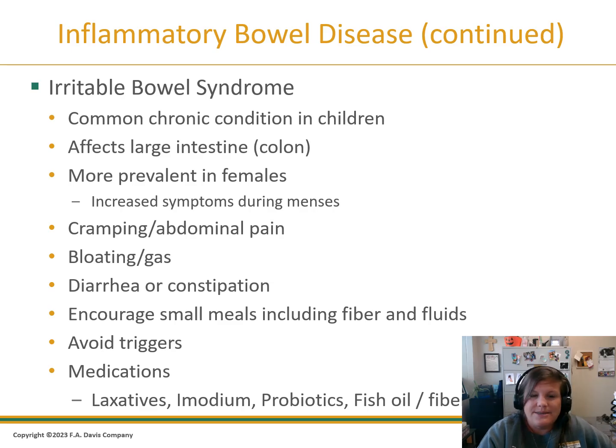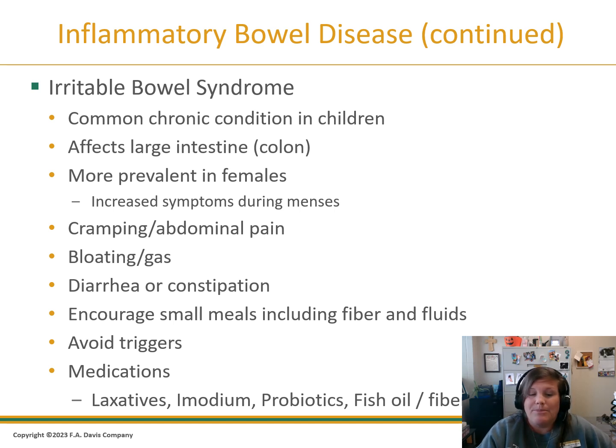The patient exhibits cramping and abdominal pain, bloating and gas, and alterations in their elimination that could be diarrhea or constipation. And it's usually triggered by certain things, like certain foods that they're eating are creating these symptoms. So what we want to ultimately do is try to identify those triggers so that they can be avoided.